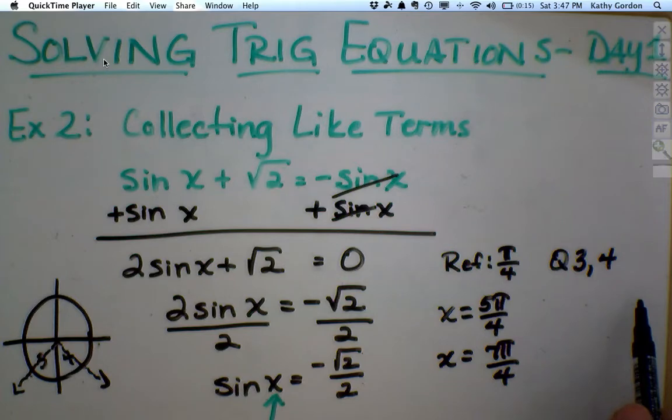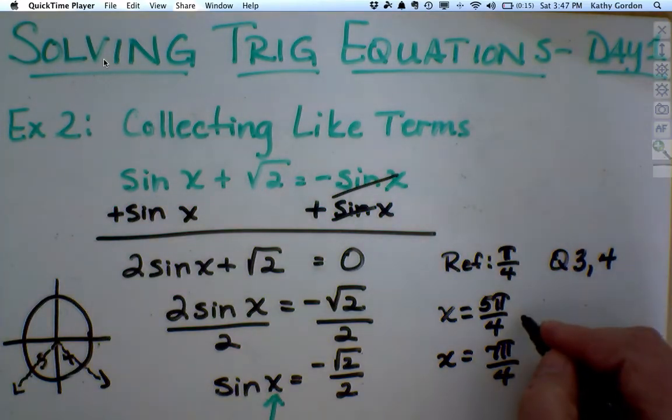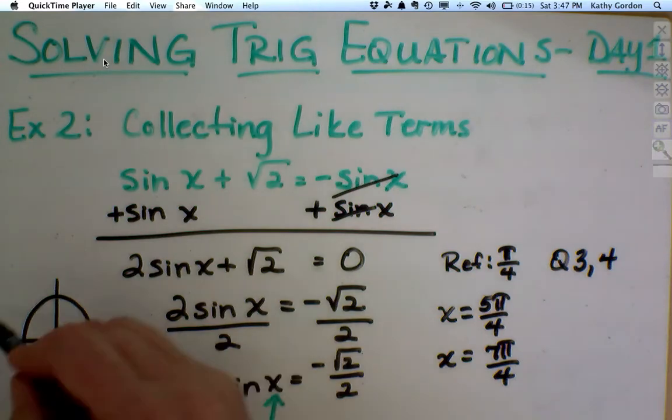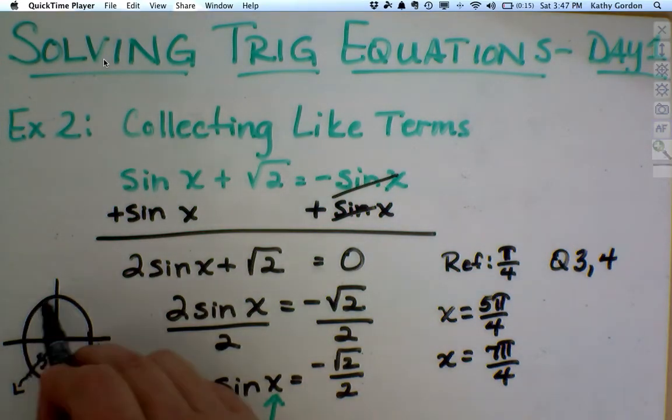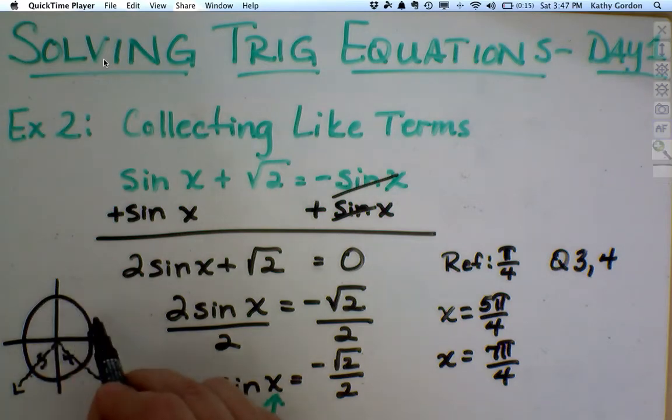No, because you can't. There are infinitely many possibilities. So instead, we indicate that we could keep going around the circle as many times as we want. We could even go the negative direction around the circle. That would work too. And every time I get to that spot, there's an answer.